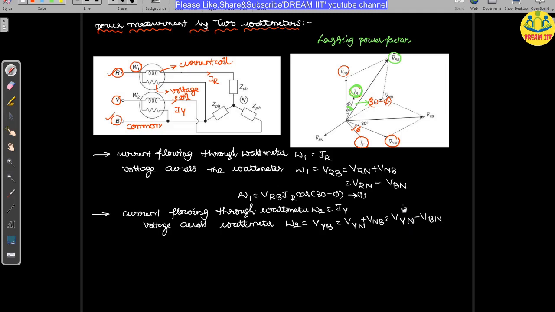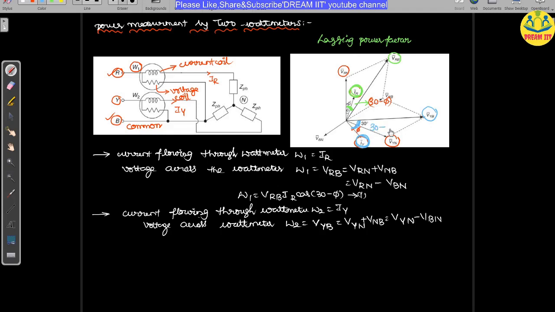So that is the voltage drop across the coil W2. Now what is the angle you see here? The angle between VYB and IY, what is the phase angle? This is totally 30, and the total angle I want, what is this angle?